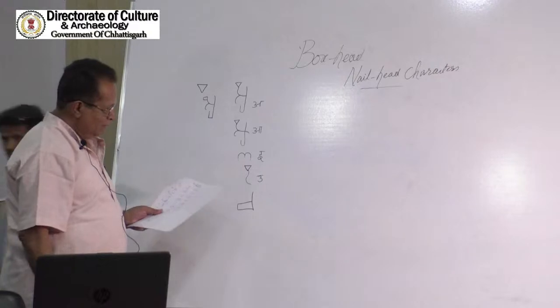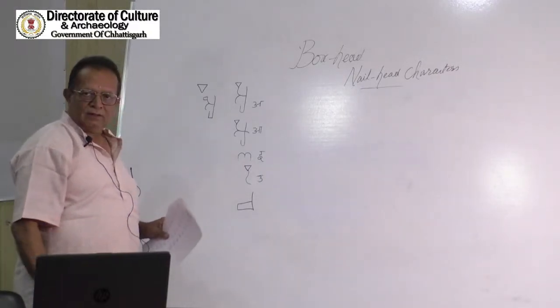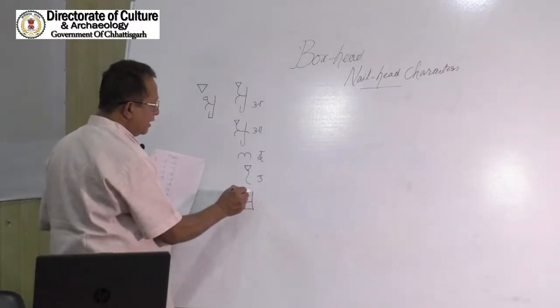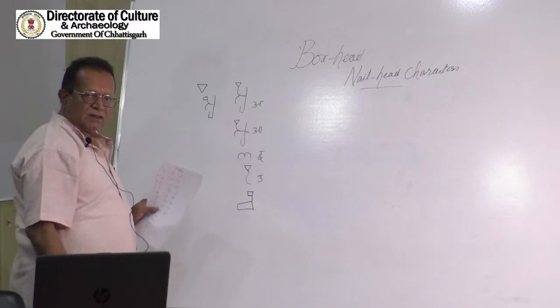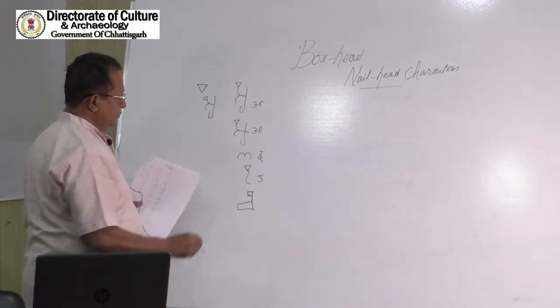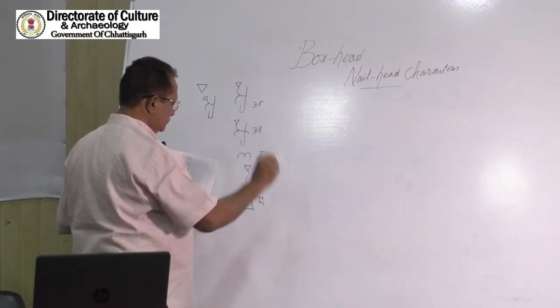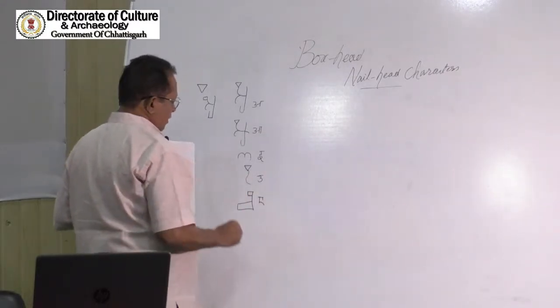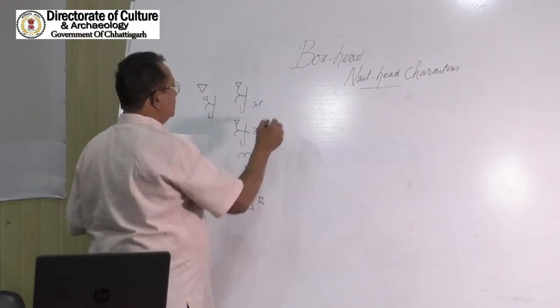The distinct difference is that even in the nail head style, you see the A, they have a box attached. There are certain letters they retain like this. The rest of the forms you can derive later.